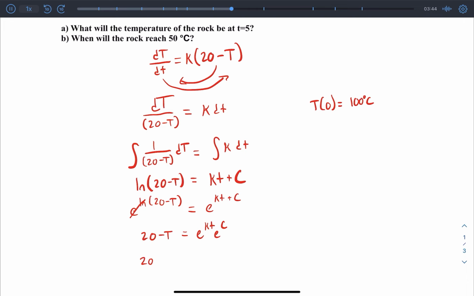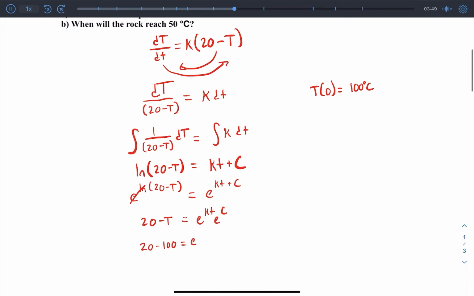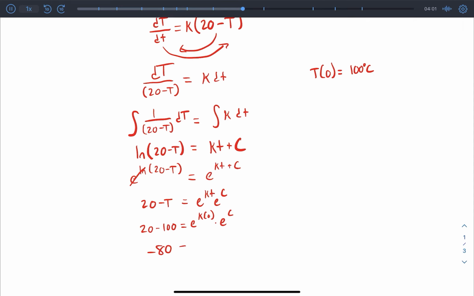We have 20 minus 100 is equal to e to the k times 0, multiplied by e to the c. And so we're left with negative 80 is equal to 1 times e to the c. That tells us that the e to the c term is just equal to negative 80.